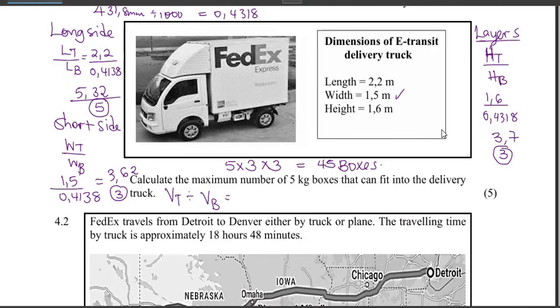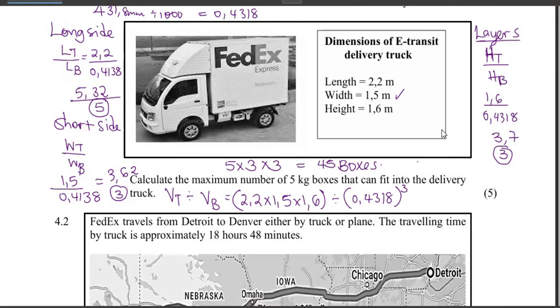So volume of the truck will be 2,2 times 1,5 times 1,6, divided by 0,431 to the power 3. Why do I say to the power 3?